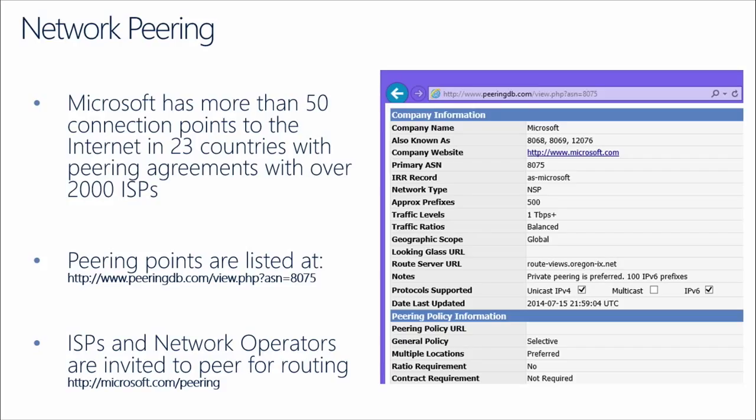And so these peering points are listed at peeringdb.com. For internet service providers and network operators, that's the place where they can go to learn about peering that is available. Microsoft is open to inviting applications for peering at this webpage, microsoft.com/peering.